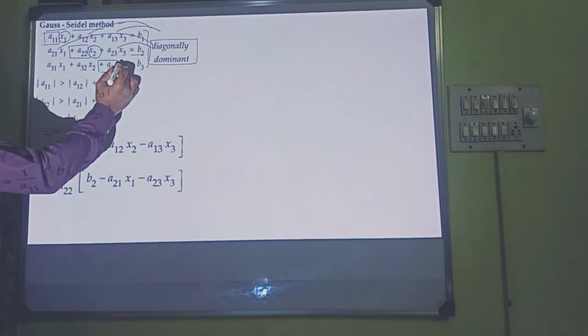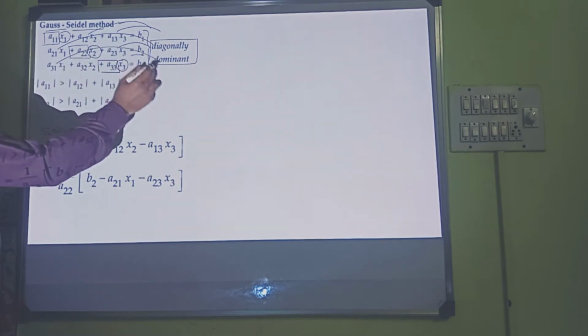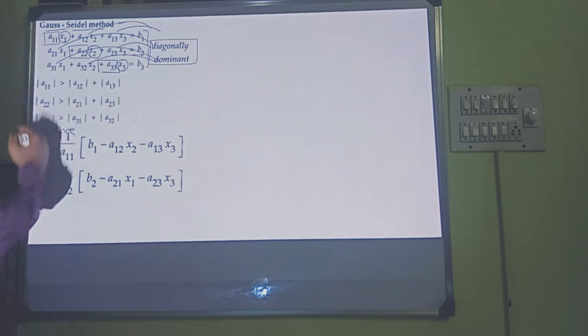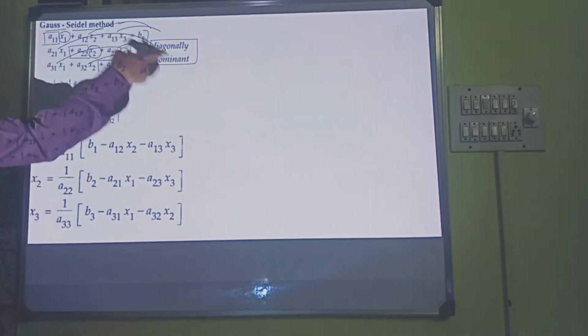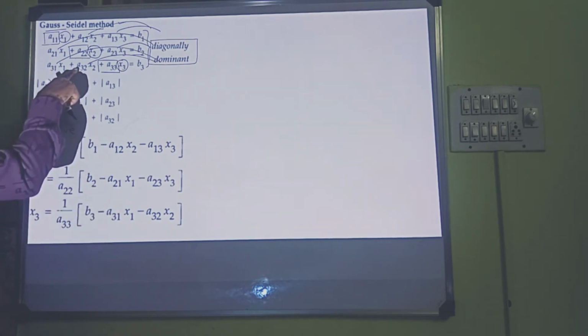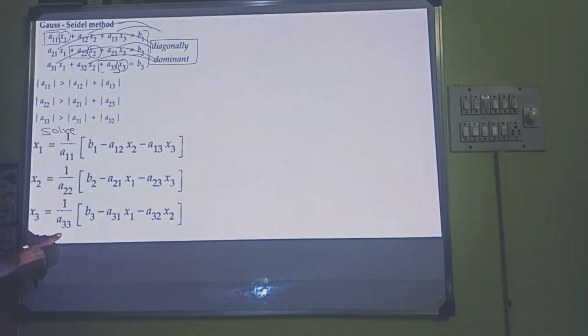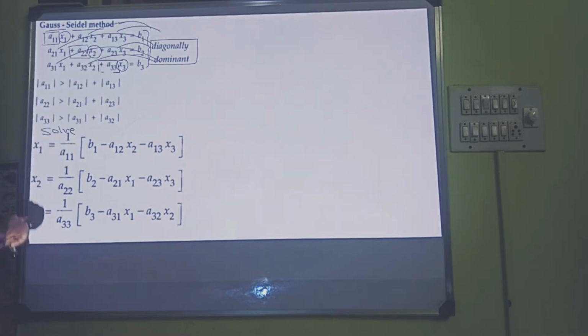Then again when you separate x3 from the third equation, take these to the RHS, then divide both sides by a33. So what you get? x3 is equal to b3 minus a31 x1 minus a32 x2 divided by a33. So this is how we have separated x1 from the first equation, x2 from the second equation, then x3 from the third equation.